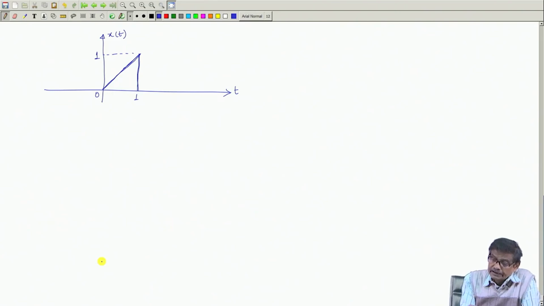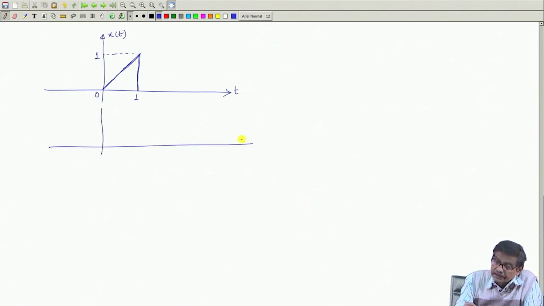So, one thing is clear, this function apparently looks like a ramp function at t, because at 1 this is 1, we have just indicated that.